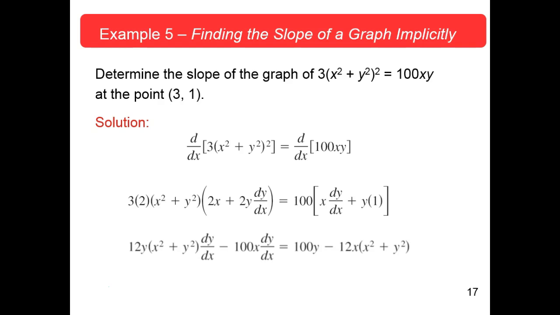Minus the 100x dy dx from this side, and plus the 100y from that side. Okay. So this does look a little simpler, except they have big numbers in it. Okay, and they still haven't clarified things yet, but I guess they will.